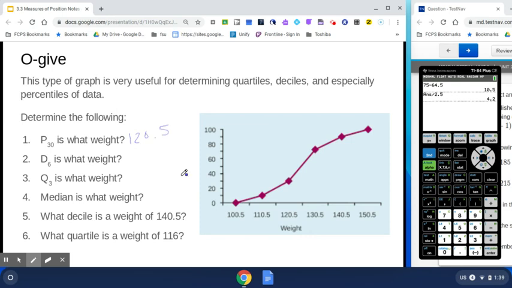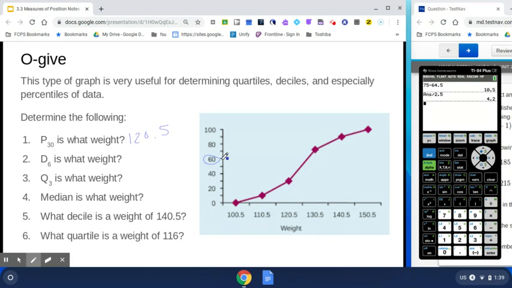Okay, decile 6. Now, this vertical axis is percentile, so we have to convert this decile to a percentile. So the 6th decile, 6 out of 10, is going to correspond to the 60th percentile.